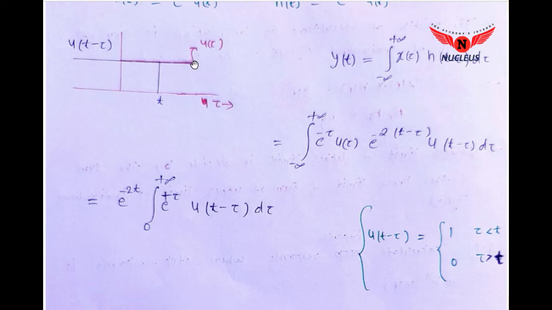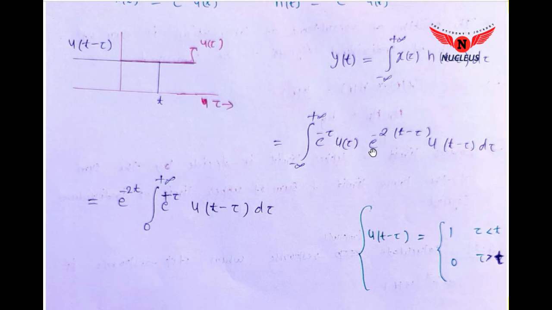So this is our u(tau), and u(t minus tau) is this one. First apply the time reversal property on u(tau) and we will get u(minus tau), and with the right shift by t we will get u(t minus tau). So u(t minus tau) is this function.